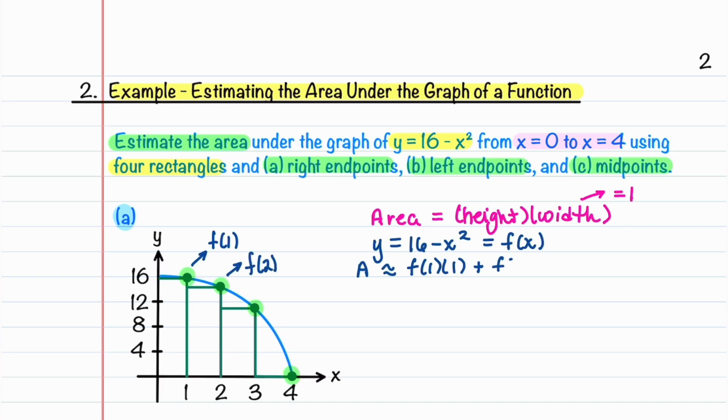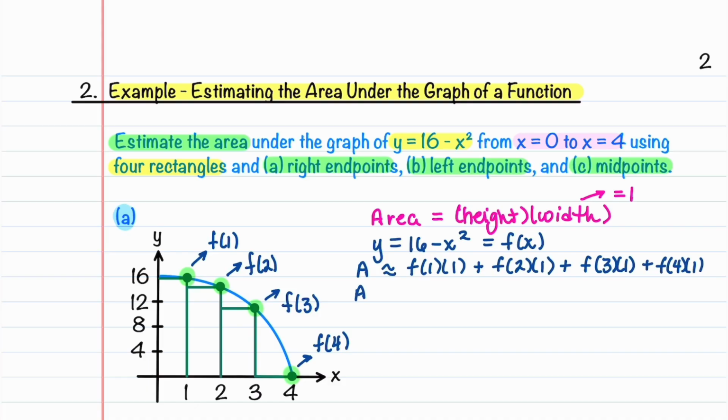So we add on f of 2 times 1. And then our third rectangle has a height of f of 3. So we have f of 3 times 1. And then our last rectangle has a height of f of 4. We'll go ahead and put it down even though f of 4 is equal to 0. So we have f of 4 times 1.